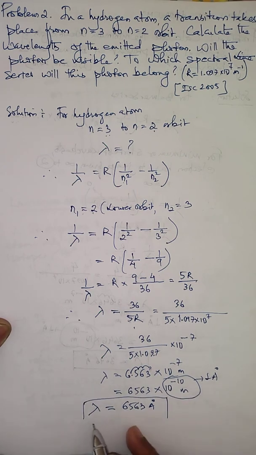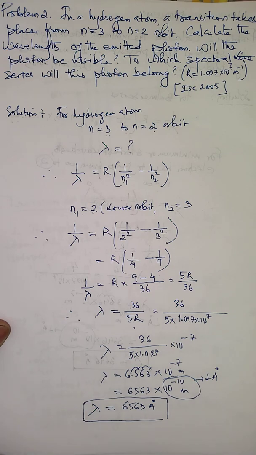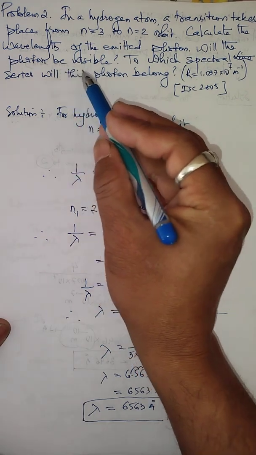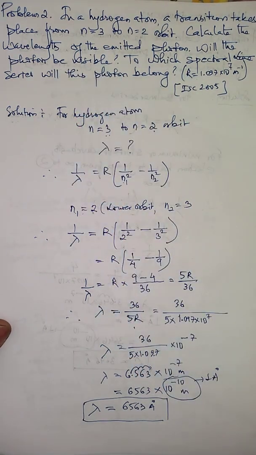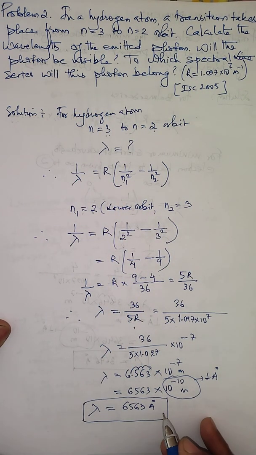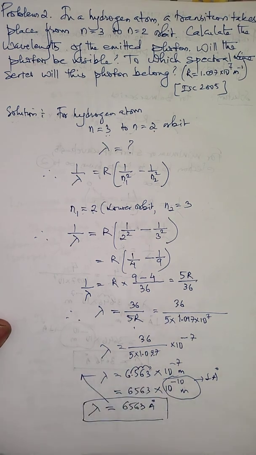So look at the value that we calculated: 6563 Angstrom. This is the wavelength of the emitted photon in the hydrogen atom. Now the question says, will the photon be visible? Yes, the photon will be visible. You know why? This wavelength lies in the visible spectrum.